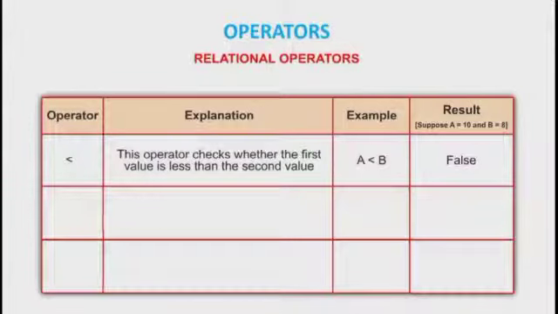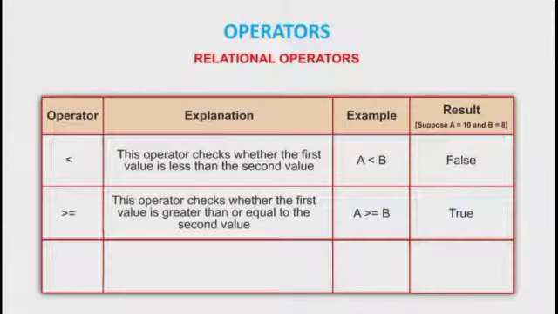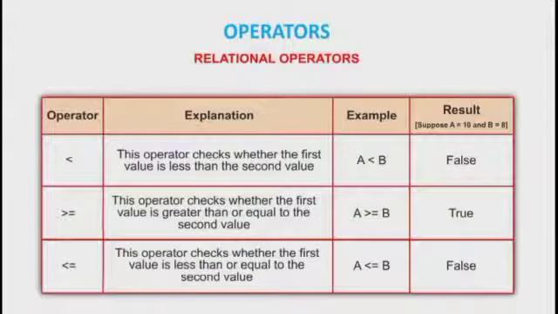Greater than or equal to: this operator checks whether the first value is greater than or equal to the second value. A is greater than or equal to B, the result is true. Less than or equal to: this operator checks whether the first value is less than or equal to the second value. A is less than or equal to B is false. Here A is defined as 10 and B is defined as 8.